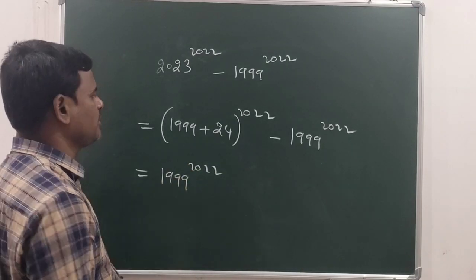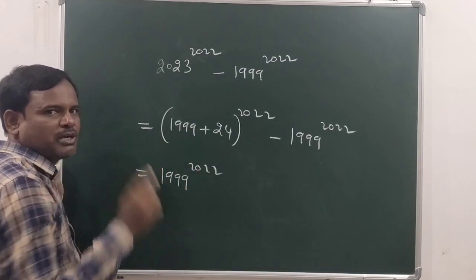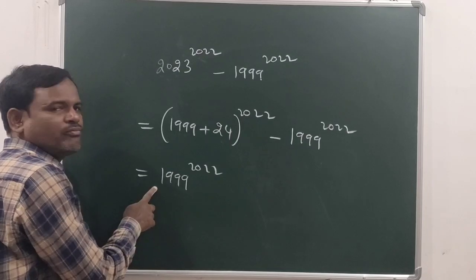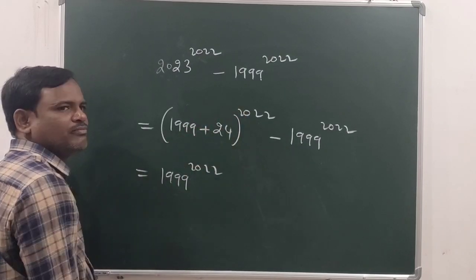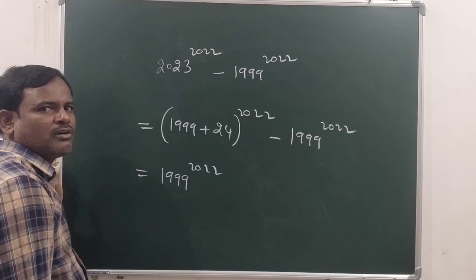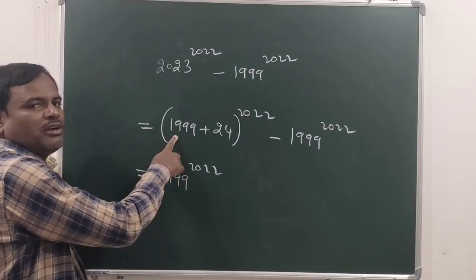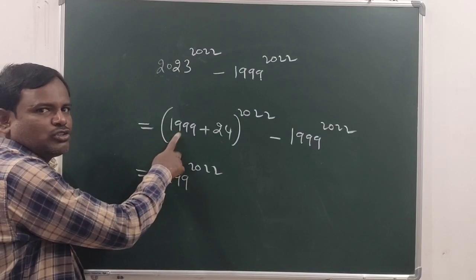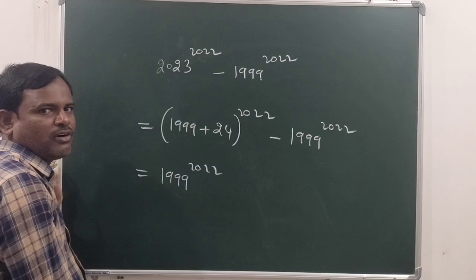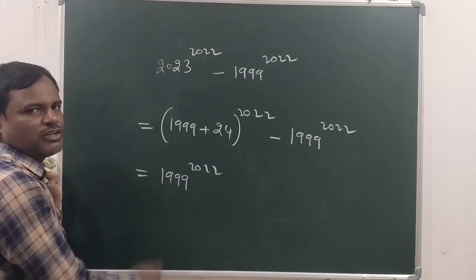NC0 which becomes 1, n value 2022. Here, what do you get students? NCr x to the power of n minus r, y to the power of r. So for the first one r value is 0, hence this is the first term.